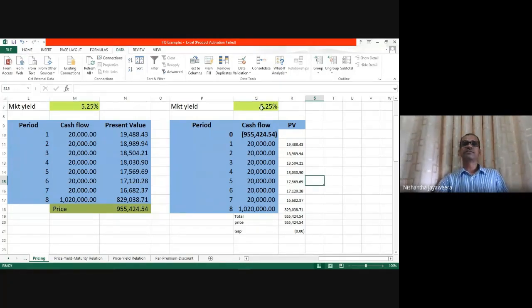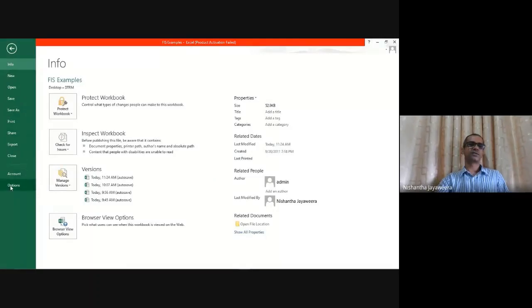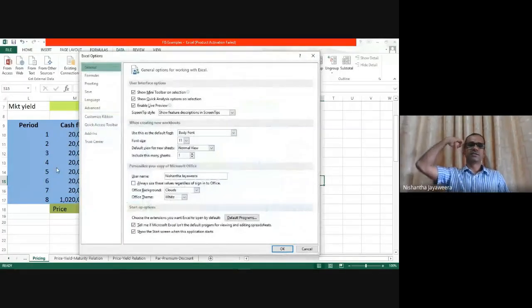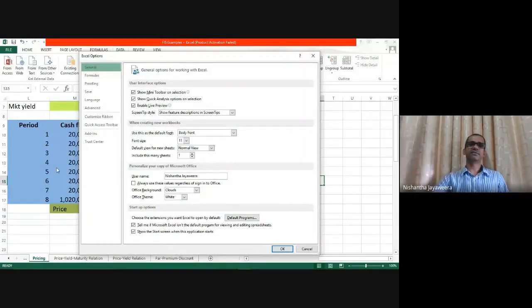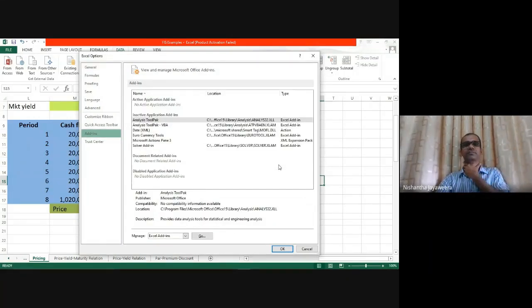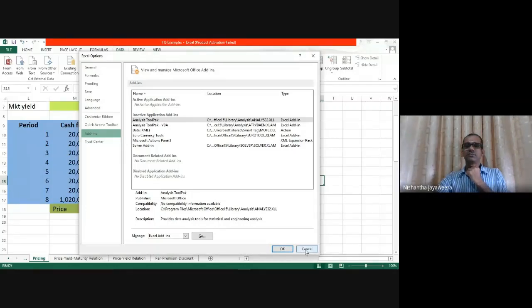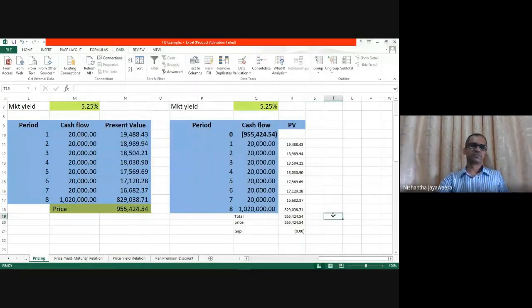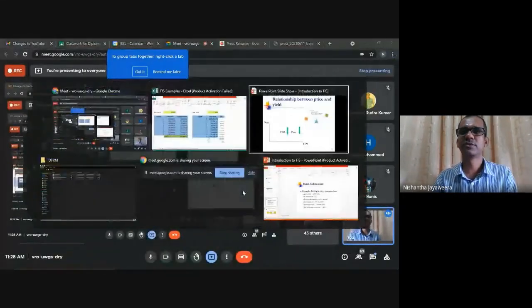If you cannot see What-If Analysis in the Data tab, you have to go to File, Options and select the Data Analysis add-ins. In add-ins, you should be able to add it. Okay, shall we move back to our presentation?